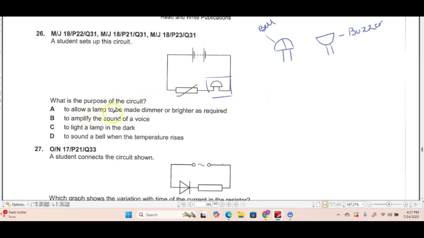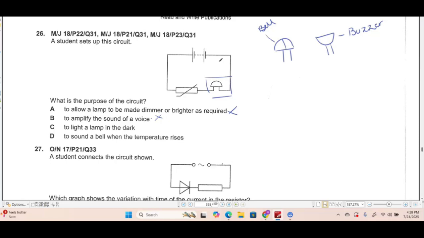To allow the lamp to be made dimmer or brighter as required. There is no lamp in the circuit, so this is not correct. To amplify the sound of a voice. This is not happening over here; no microphone or speaker is connected.